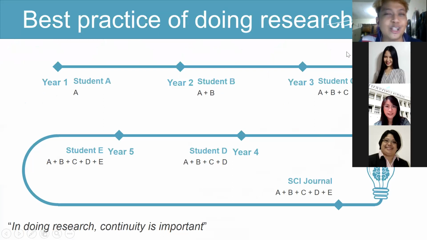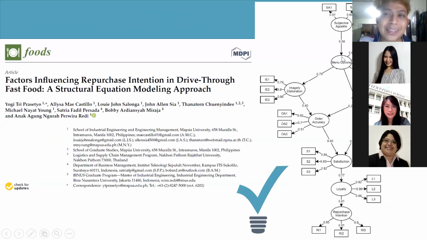For example, this is the model, exactly the same model, and then you do one more Scopus publication. Maela, can you imagine? For example, your first publication is the effect of subjective appetite on the menu options, and then the next paper is the effect of the menu options on convenience, vividness, and so on. Maela, you don't want to do it, right? Mhm.